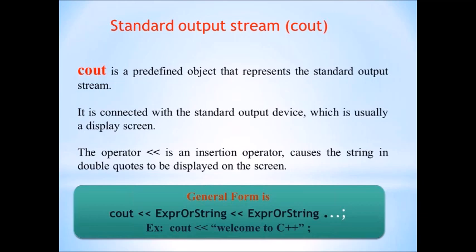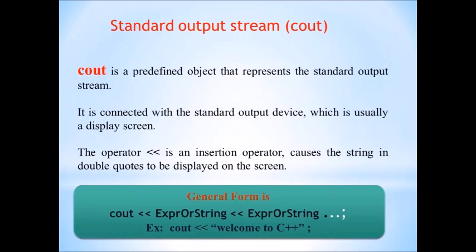What is output operation? The output operation is nothing but the program sends some information or output to the output device through the output stream interface. So cout uses the insertion operator, which causes the string in double quotes to be displayed on the screen.